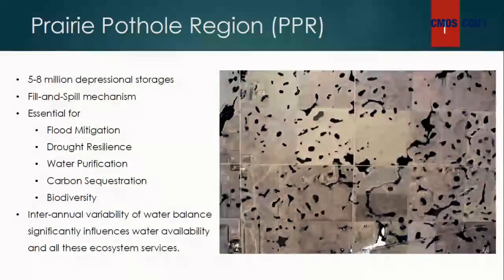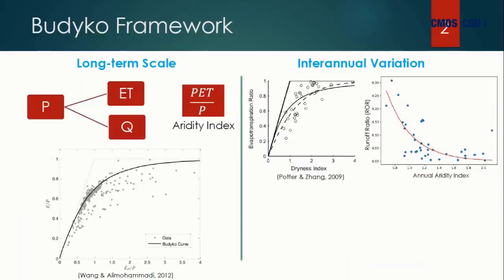This process is called fill and spill and is essential for flood mitigation, drought resilience, water purification, carbon sequestration, biodiversity, and lots of other ecosystem services, all of which are highly influenced by interannual variability of water balance and also runoff generation in catchments. So it is critical for us to understand how interannual variation of runoff generation occurs in these areas.